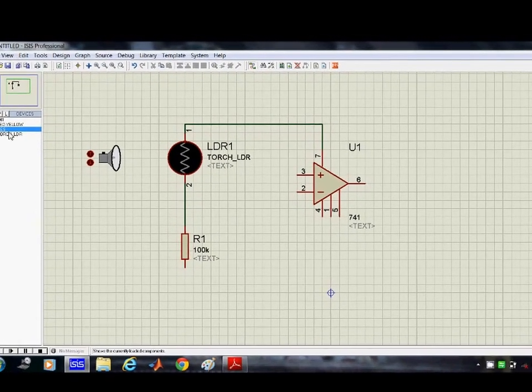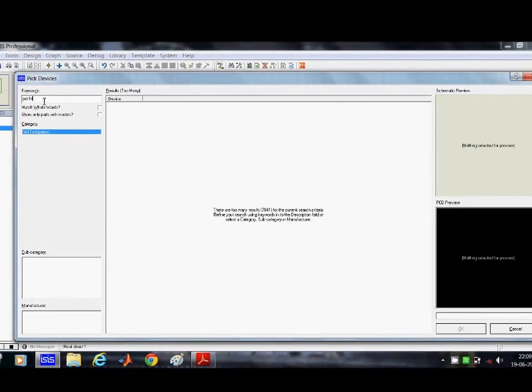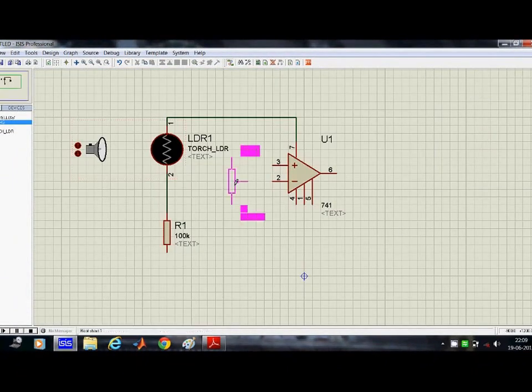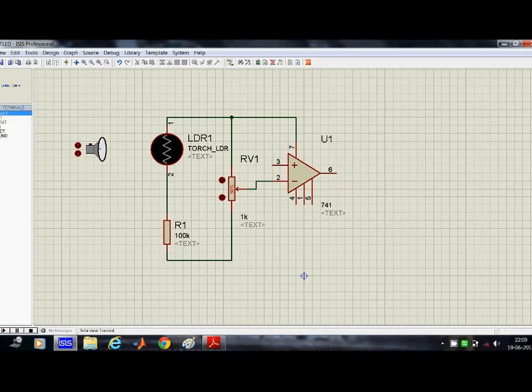I'll need a potentiometer as well, so for that I'll select it, and this will be the potentiometer. For giving the power, we use the inbuilt power mode, and the ground will be connected like this.